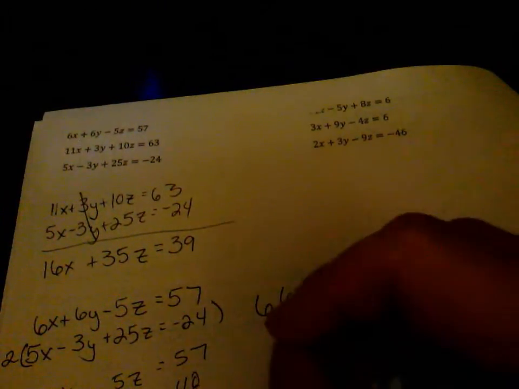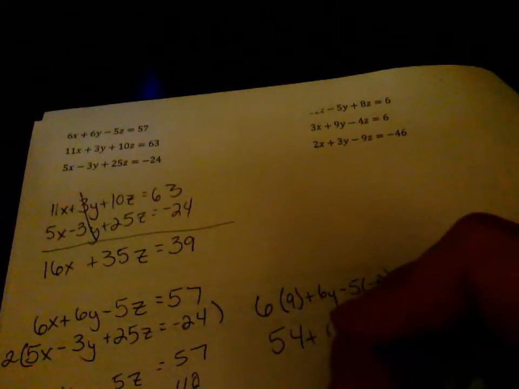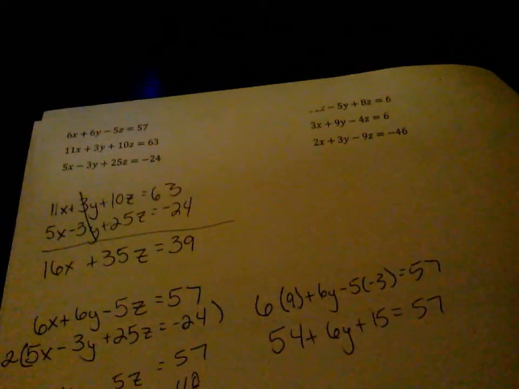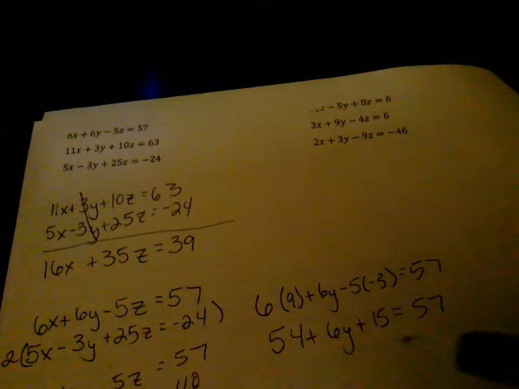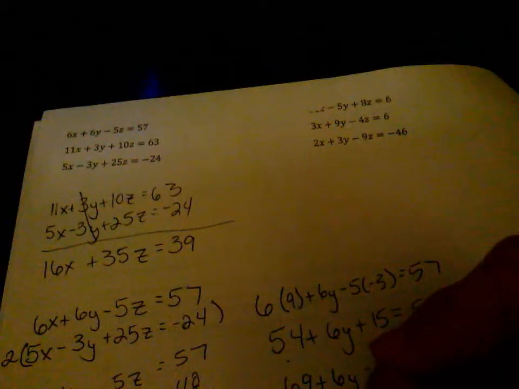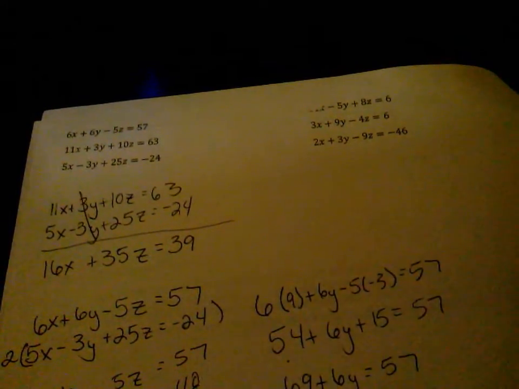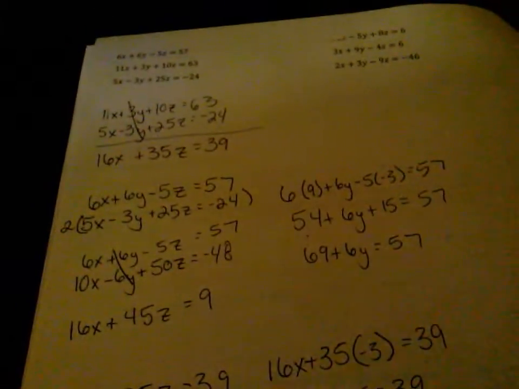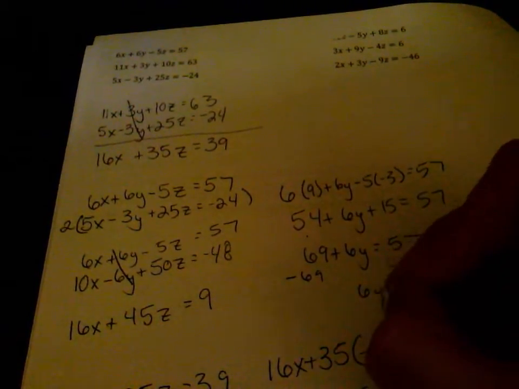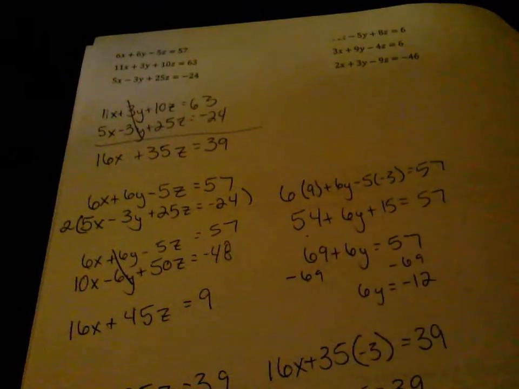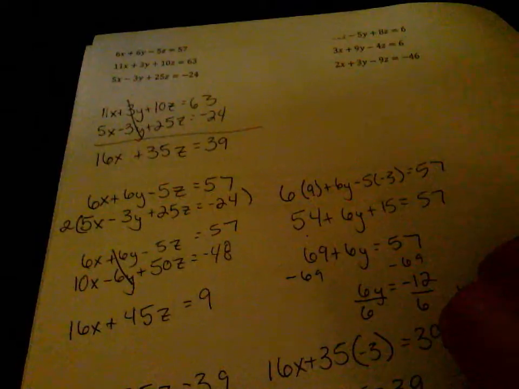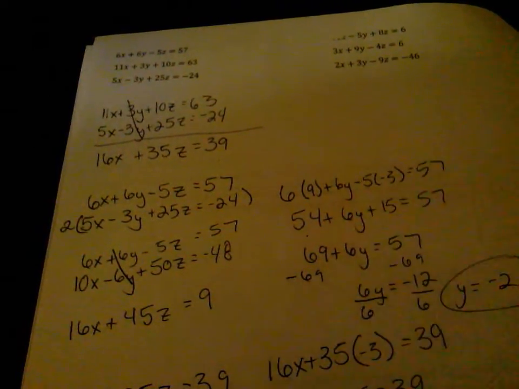Well, I know 6 times 9 is 54 plus 6y plus 15 equals 57. And now I need to combine like terms. These two are like terms. That gives me 69 plus 6y equals 57. Need to get rid of the 69, minus 69. 6y equals negative 12. Last but not least, you divide by 6, and y gives you negative 2.